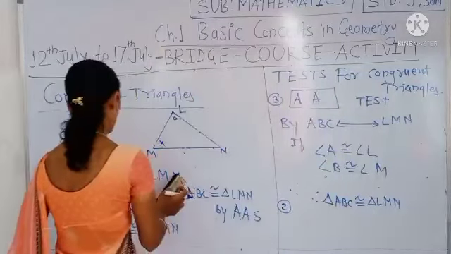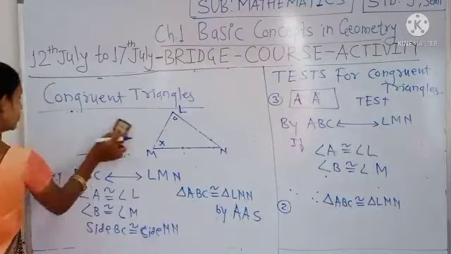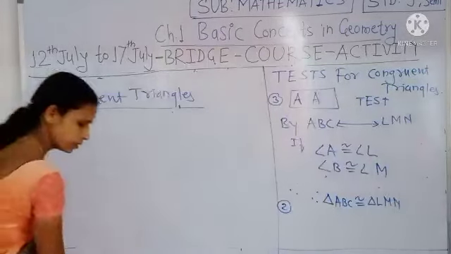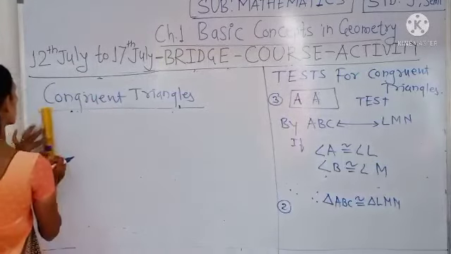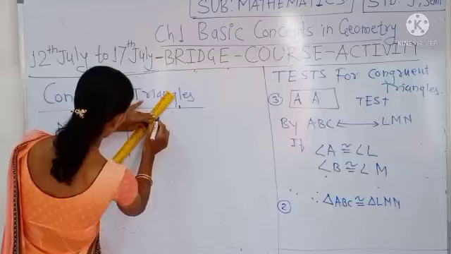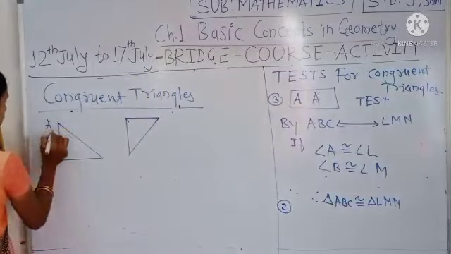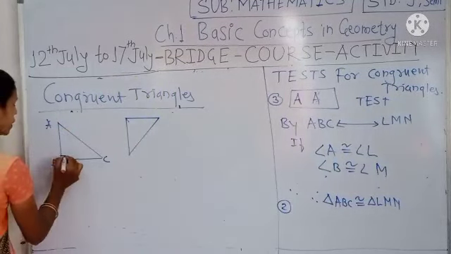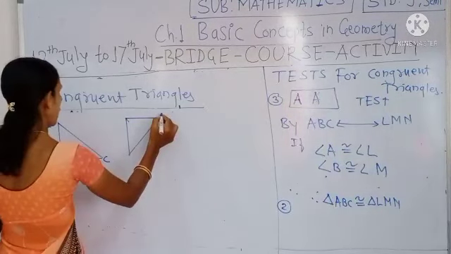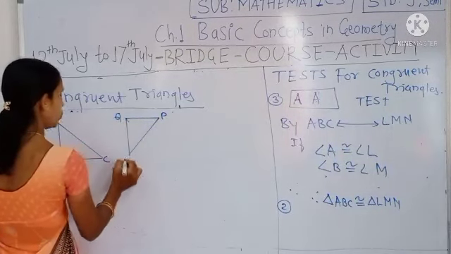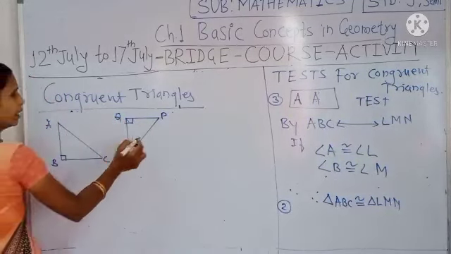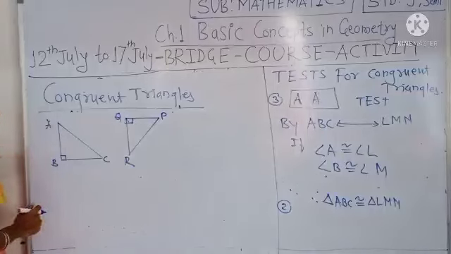And the last one, that is the hypotenuse side test for right angle triangles. Suppose there is triangle ABC in which angle B is 90 degree, AC is the hypotenuse, and in triangle PQR, angle Q is 90 degree and PR is the hypotenuse.